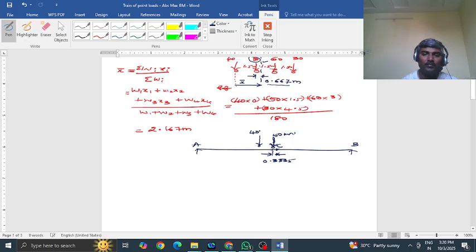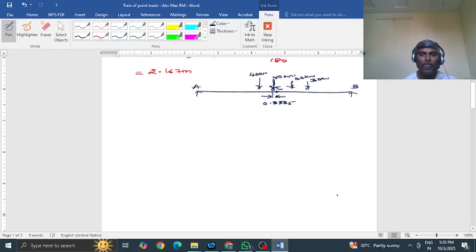This is 40, and again at the same distance you have 1.5 distance, it is 60 kilonewton, and again 30 kilonewton. So the rest of the loads fall according to their places. Okay, right. Now drop these points for drawing ILD.